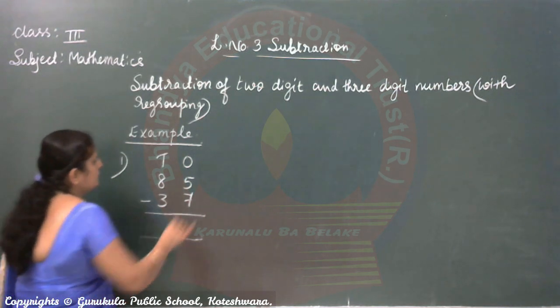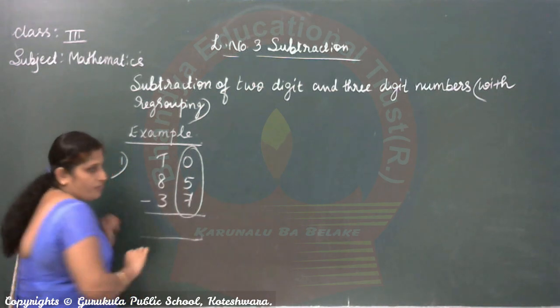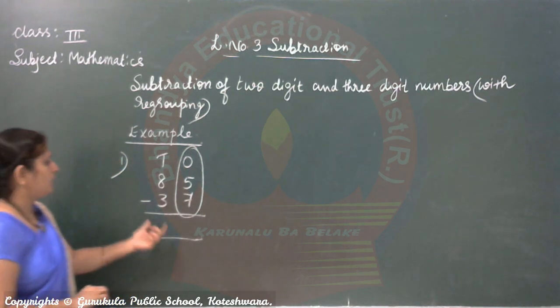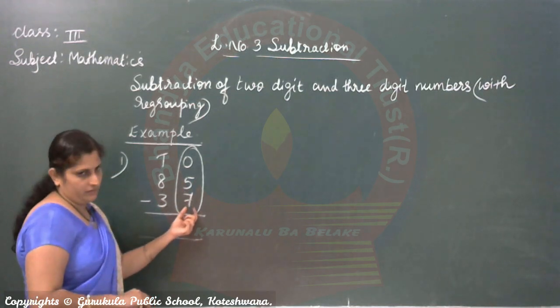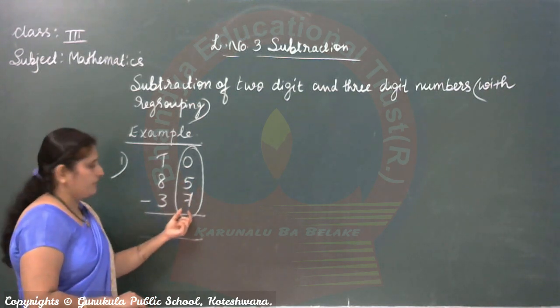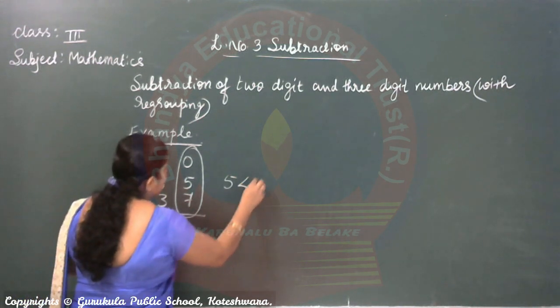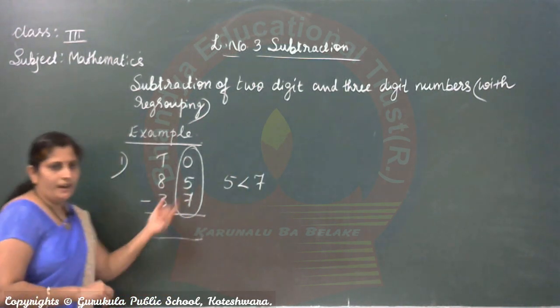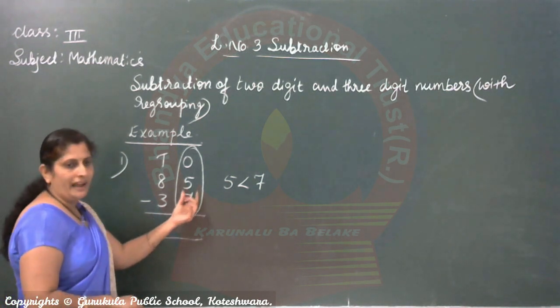First you have to go to the digits in the ones column. In the ones column you can see 5 and 7 is given, correct? As you know, 5 is less than 7, so we can't subtract 5 minus 7.